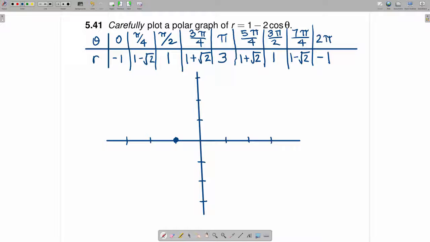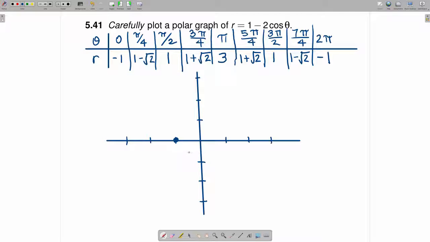Now, the second point is pi over 4, 1 minus the square root of 2. Well, the square root of 2 is 1.414. 1 minus 1.414 is negative 0.414. So here is our 45-degree line. That's the pi over 4. And we want to go negative 0.4.